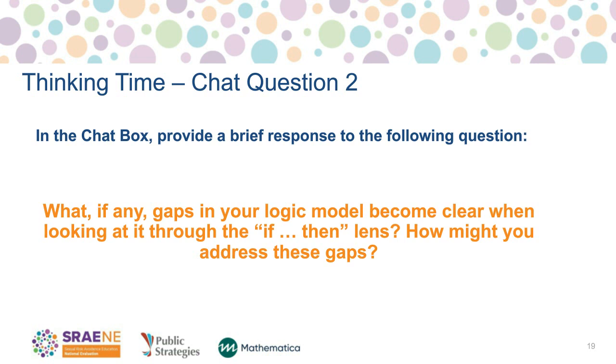So I'll give you a little bit longer to answer this because you got to use the group chat. You got to put a couple of words there. And if you haven't done that, think about what you might find and how you might fix it.